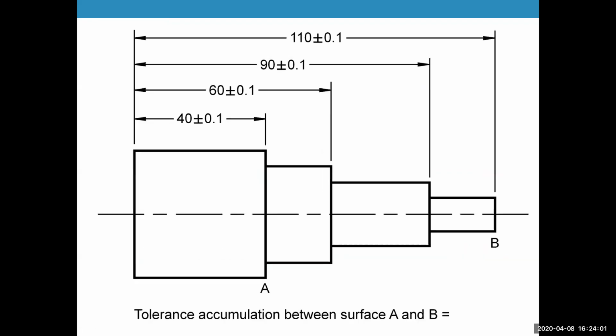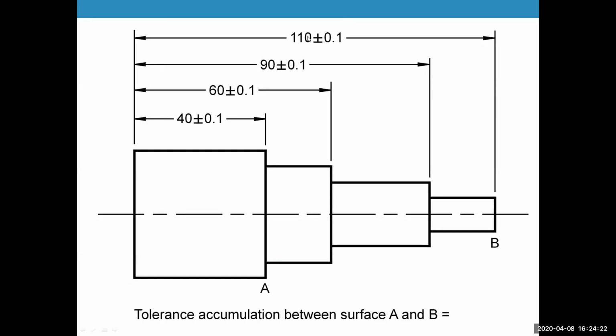Okay, here's the same shaft dimensioned a different way, right? It's datum dimensioned from here to here, but we're still concerned with the distance between A and B. We know that it's 70, right? Because we already established that in the last example.